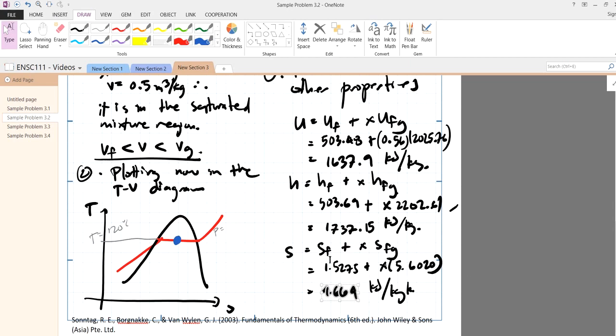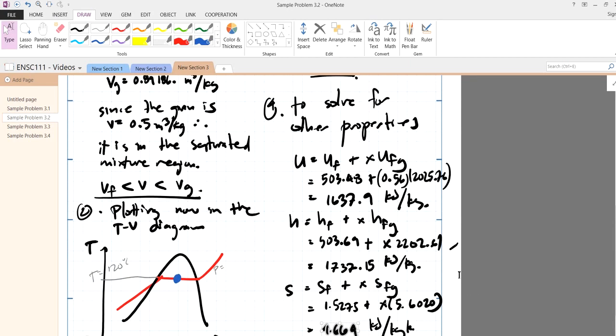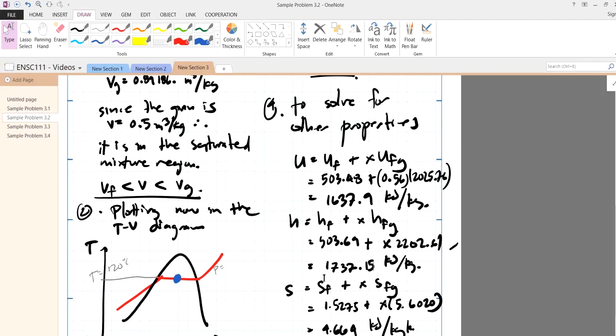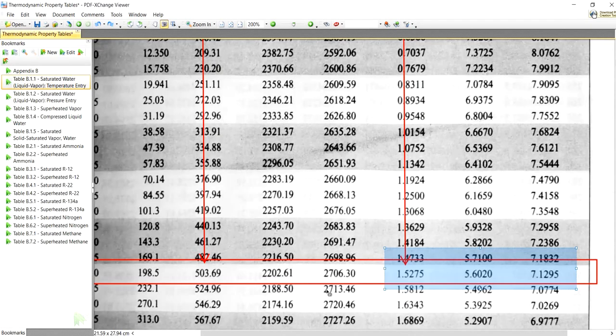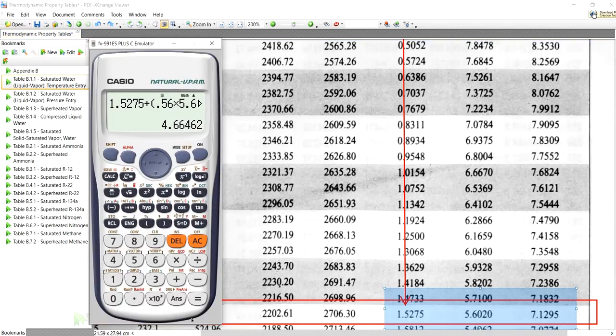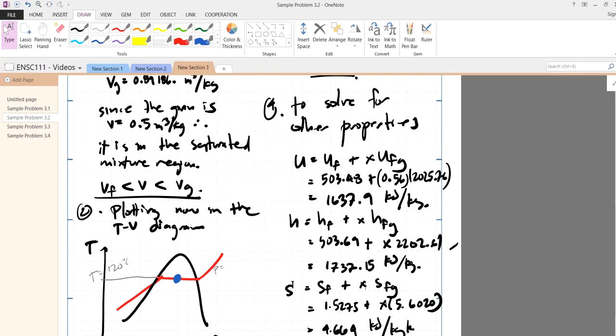So this is correct. And then the h value is in the range of 500 to 2700, so we must be somewhere in between. So 1737, I think we are still in between.